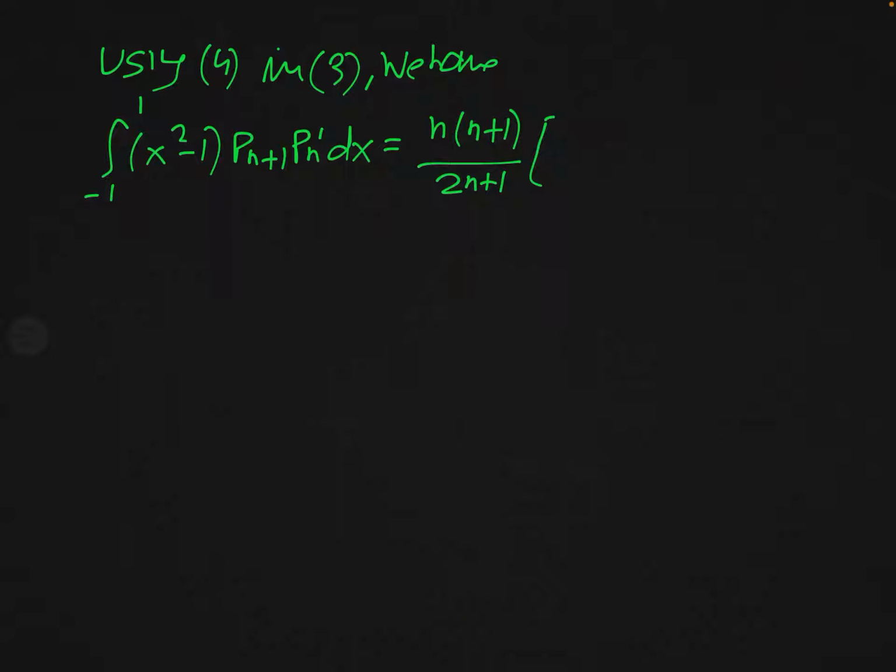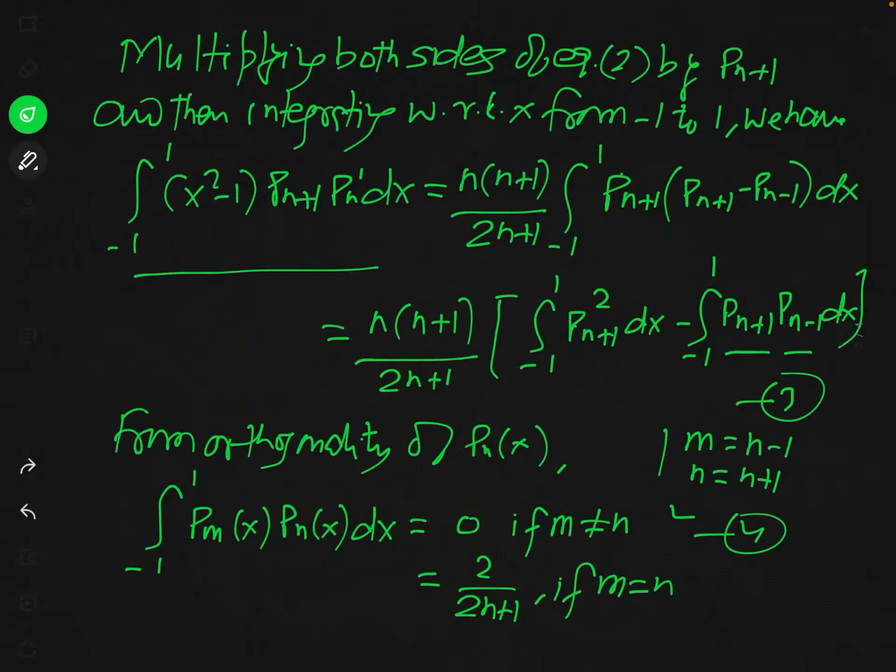And as you can see, in accordance with equation 4, the first integral will be non-zero, that will be found by using this result, and the second integral will be 0.